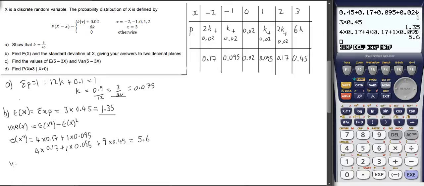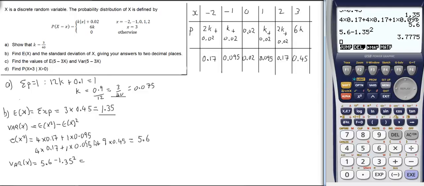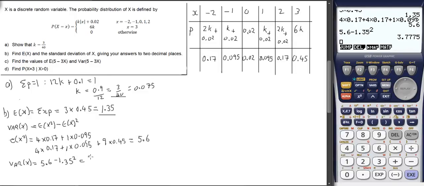So the variance of x, I don't need to write the formula down again, I've already written it once, 5.6 minus E of x squared, 1.35 squared. So we get 5.6 minus 1.35 squared is 3.7775.